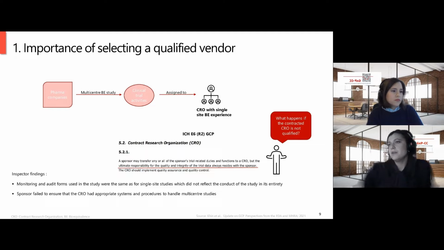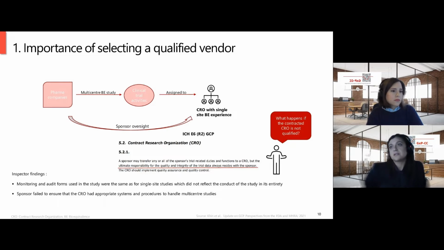And according to ICH E6, which is a guideline on good clinical practices, which is fully adopted by EMA, under point 5.2.1, it says that, of course, the sponsor can transfer sponsor trial-related duties and functions to a CRO, but the ultimate responsibility for the quality and the integrity of the trial data always resides with the sponsor.